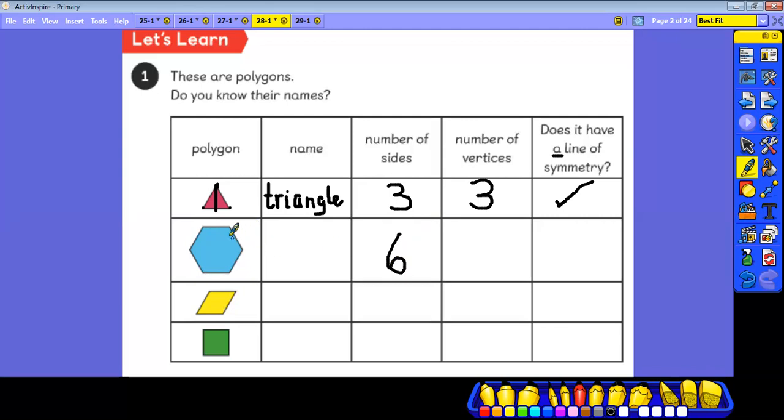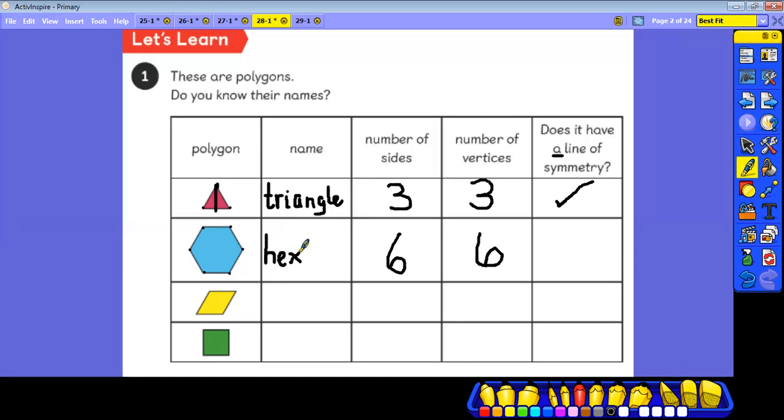Remember, you can tick them off if you want to. Number of vertices, 1, 2, 3, 4, 5, 6. Notice a little pattern here. So a 6-sided 2D shape with 6 vertices, what's the name I'm going to give it? Oh, I know you know, it's a hexagon.